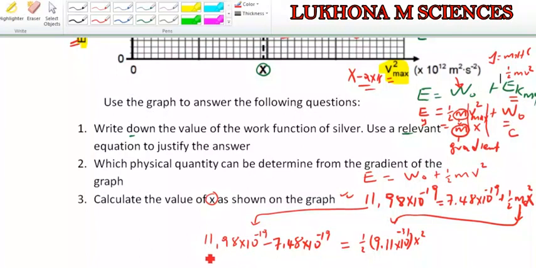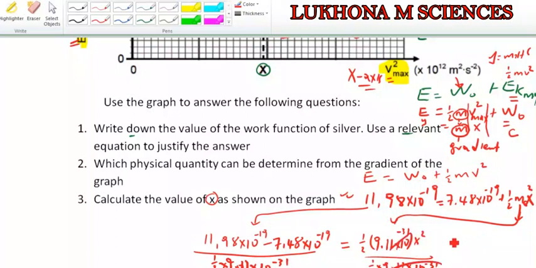Then let's divide both sides by 1 over 2 times 9,11 times 10 to the power negative 31.